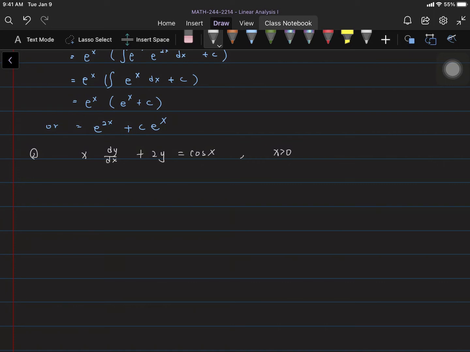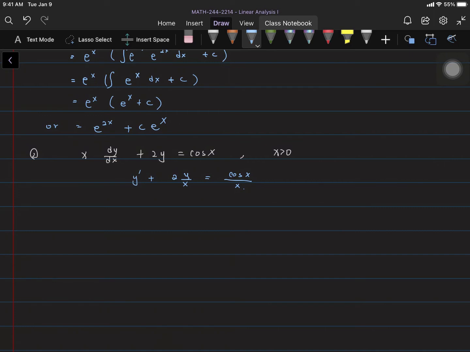So we need to change this into standard form. That means y prime, I like to write down my prime form, but you can also write down dy/dx, plus 2y over x equals cosine x over x.